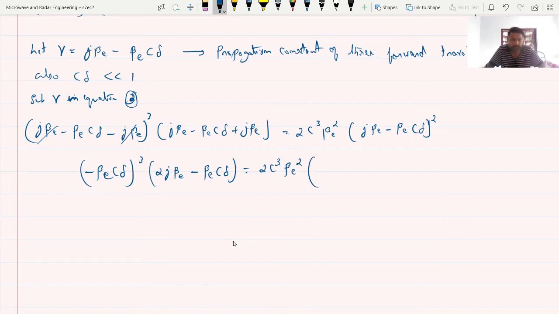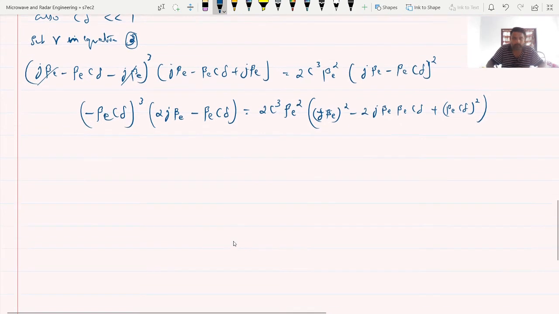I will change it as (a minus b) the whole square. (a minus b) the whole square is equal to a square, that is (j beta e) the whole square, minus 2 j beta e c delta plus beta e c delta the whole square.